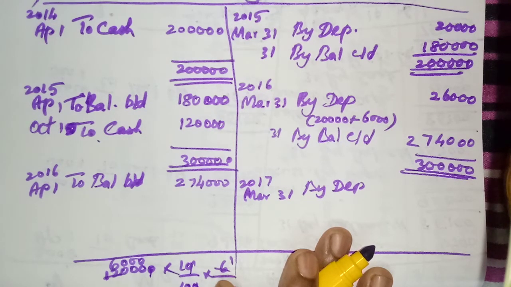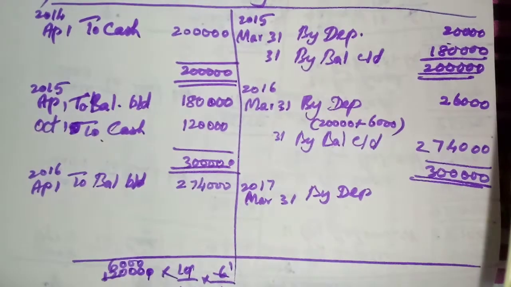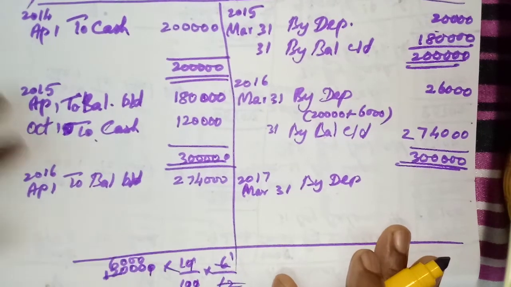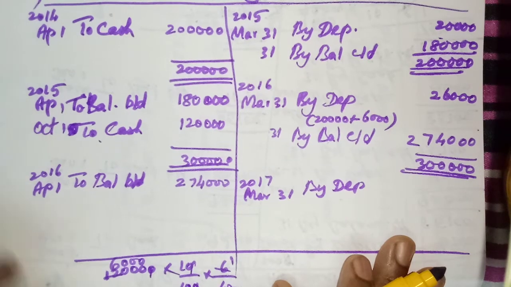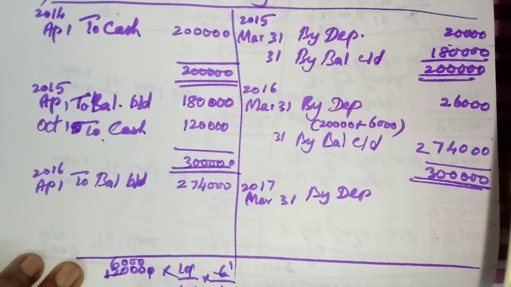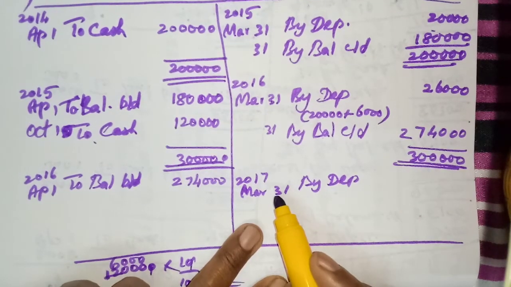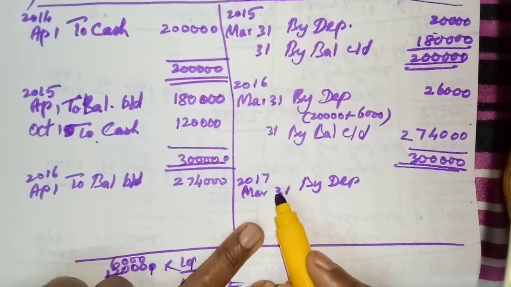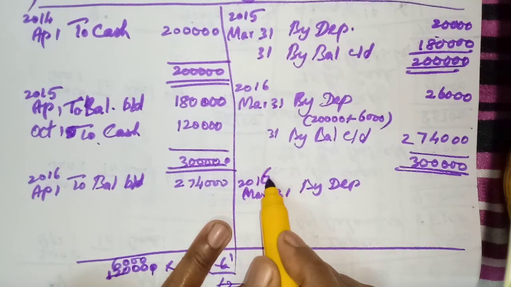They have sold on 30th September 2016 the machine purchased first, that means the first machine was sold for 1,20,000. Now we need to calculate the amount of the first machine. What is the book value of the first machine? For that we need to calculate up to 30th September 2016.